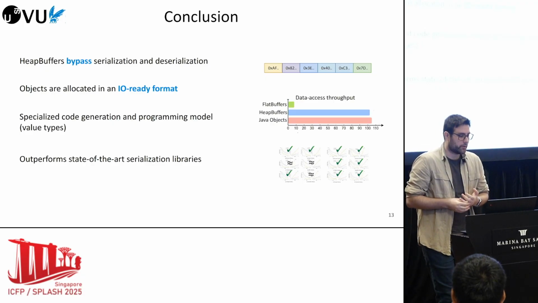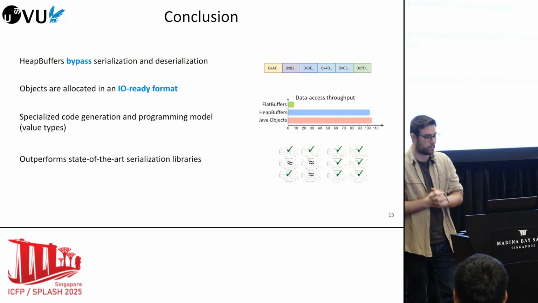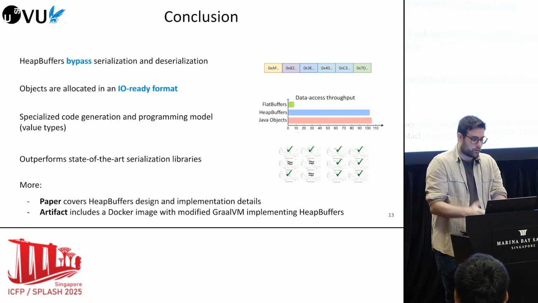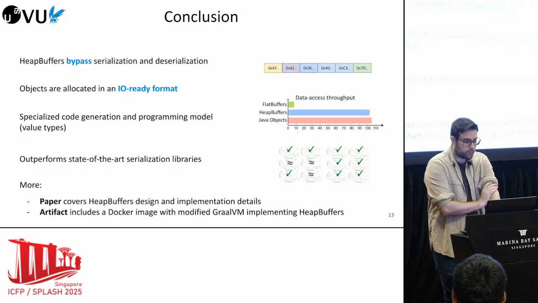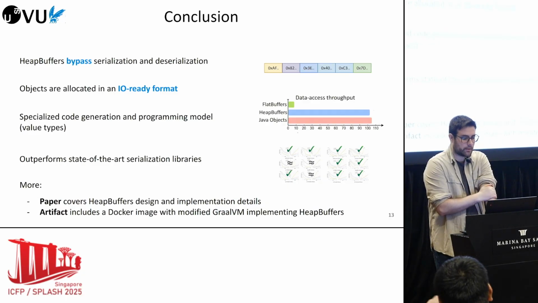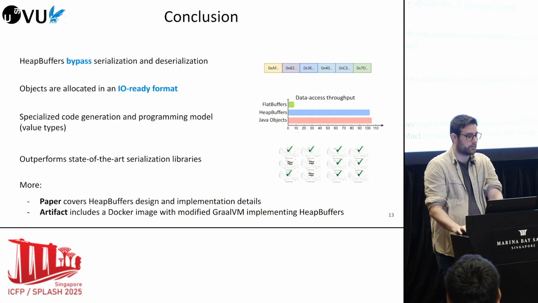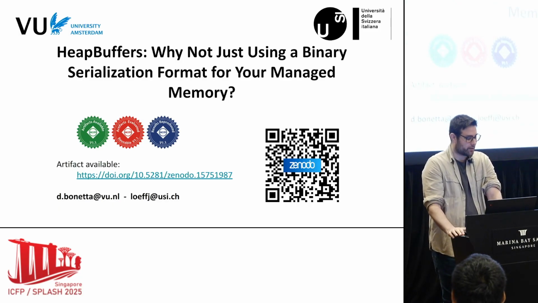Experiments have revealed that HeapBuffers can outperform existing serialization libraries in Java. You can find more implementation details in the paper; I don't have time to cover all of them. All our source code is available in the artifact, including the modified GraalVM native image compiler. Thank you very much, and I'm happy to take your questions.